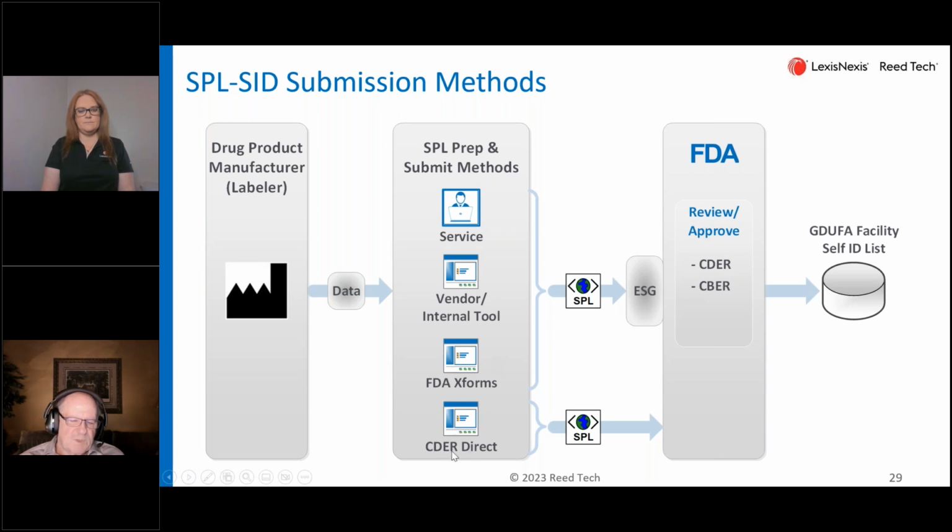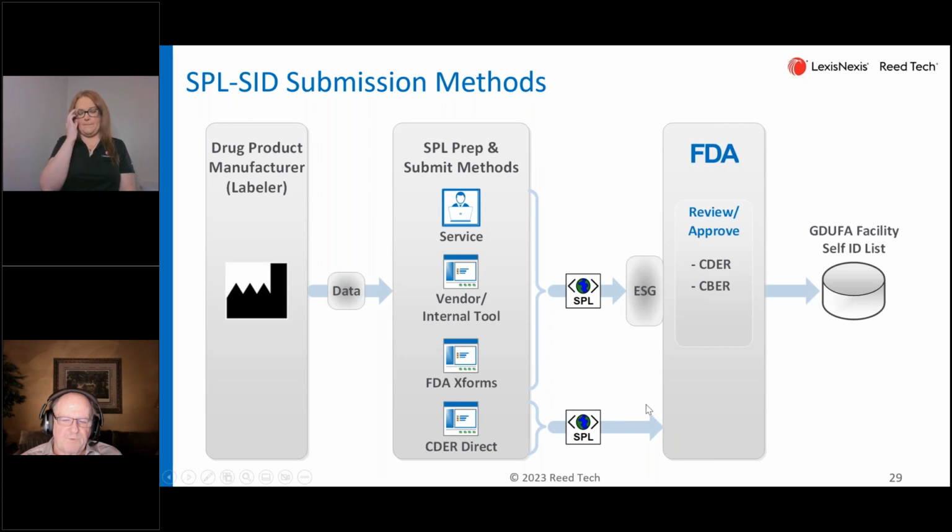And then the last one is something called CDER Direct, where again you log into an account and make manual entry. The last one is a little different in that once you're done entering data and making sure it's validated, there is a direct connection over to the FDA.